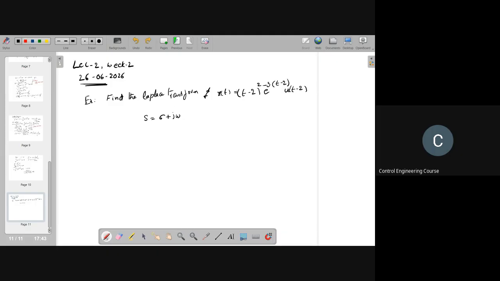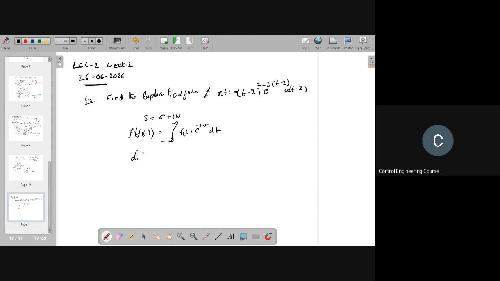The Fourier transform definition: Fourier transform of f of t is the integral from minus infinity to infinity of f of t e to the power of minus j omega t dt, right?